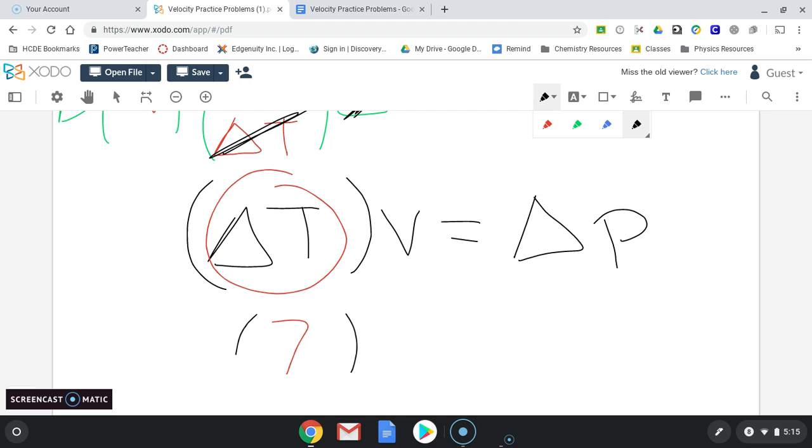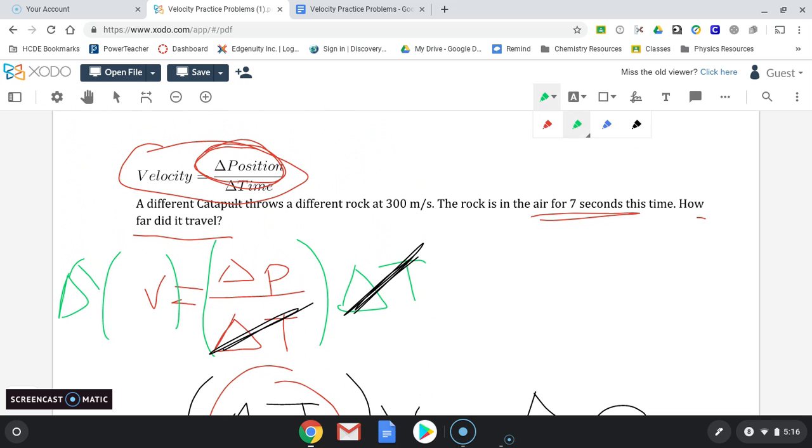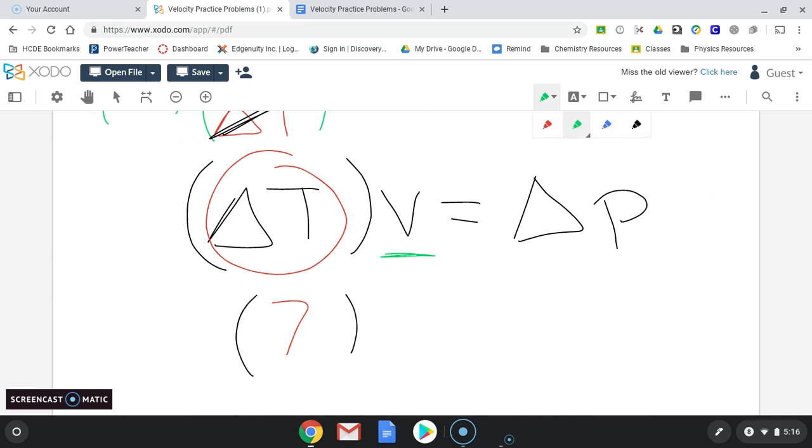Then what we need to do is find the velocity that is given in the question. So we look back up here. Velocity is 300 meters per second. So let's plug that in. This is 300. And so what we do next is we solve for that.